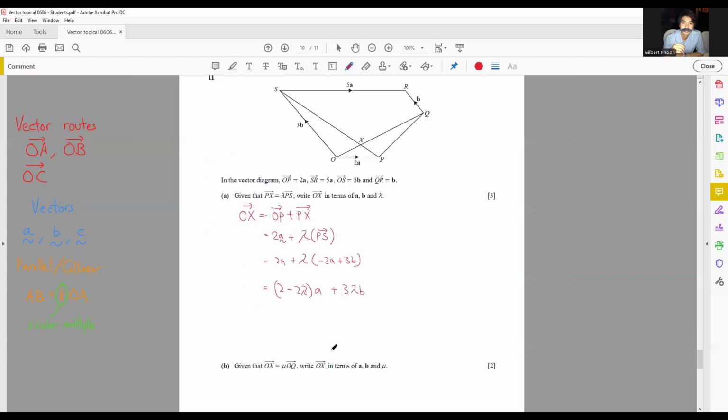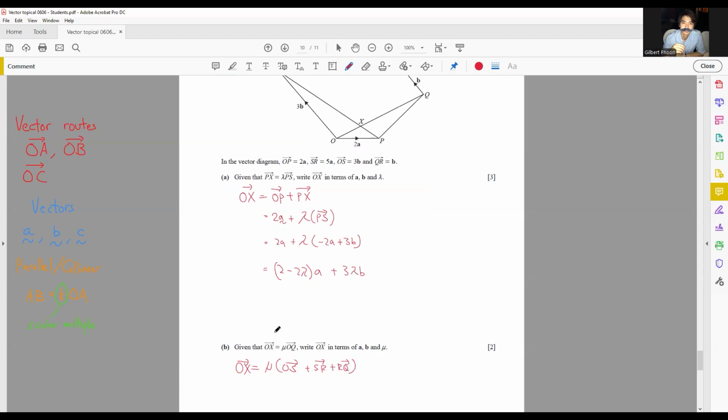Doing the same thing for the next part here, OX is equal to mu of OQ, right? So this path, what we're going to do is use O to Q, which is just this path here. This path, this path, this path, okay? So OX is equal to mu of O to Q, which is OS plus SR plus RQ, right?